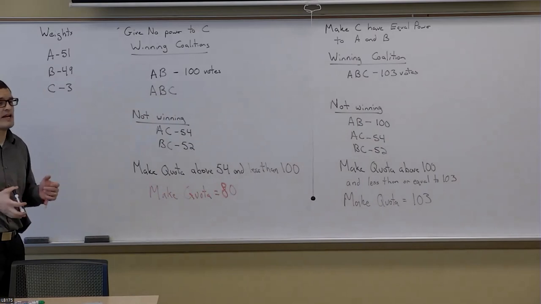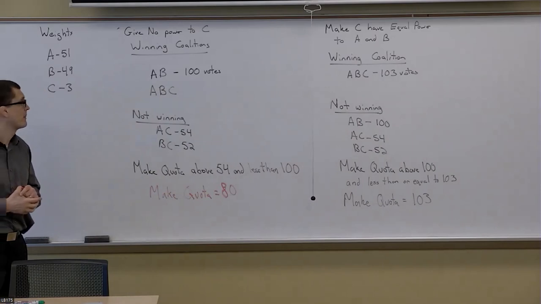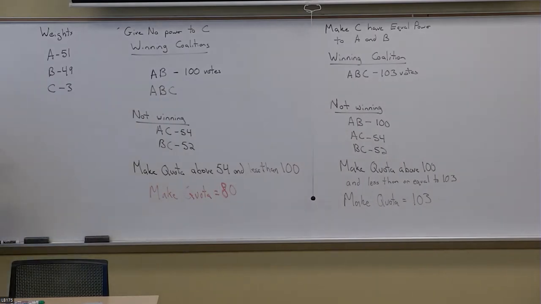So there are ways to have C have no power at all. There are ways to have C have equal power to A and B. However, remember, C has less weight than A, so C is never going to have more power than A in a weighted voting system, no matter what the quota is.